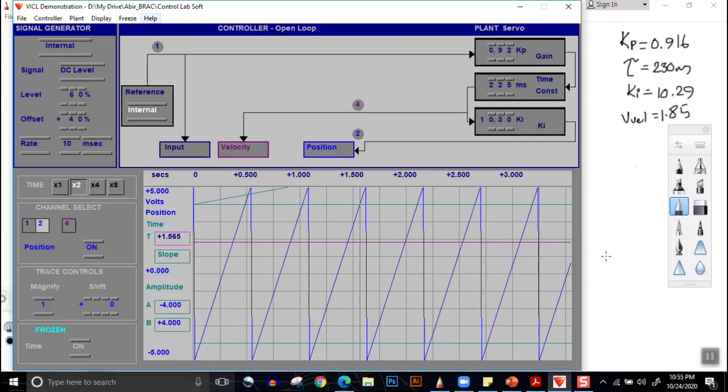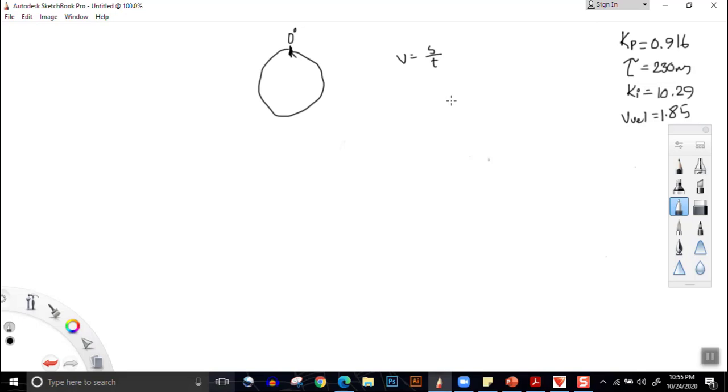The time period is 1.565 minus 1.025. The time period is 0.54 seconds.